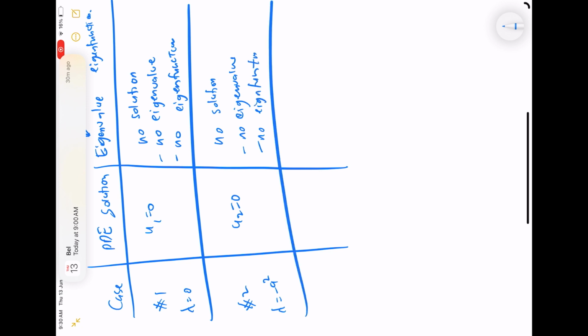And then we have case number 3. This one we have a solution for. This is for lambda equal to positive a squared. So our u3, we have the value of n, because the value of a is equal to n pi.